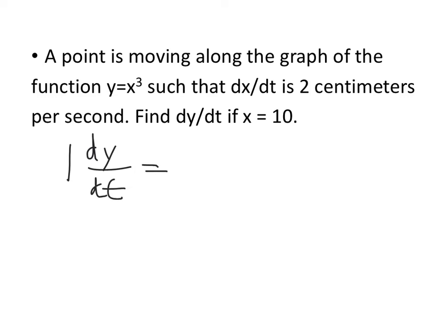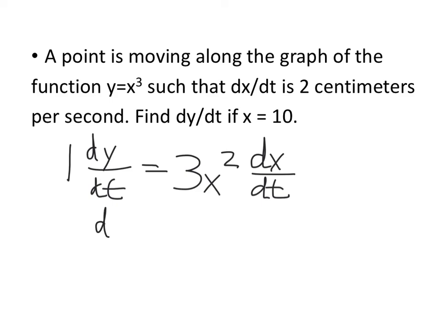and then do the power rule. So the derivative of x cubed is 3x squared, and by the chain rule, since we're differentiating with respect to t, we have to multiply that by dx/dt. And now it's just a matter of plugging in what we know and solving for our unknowns.